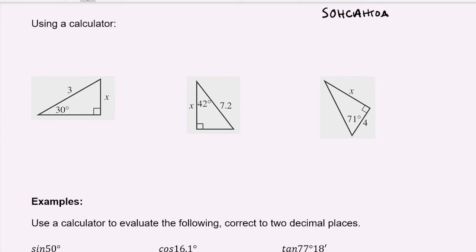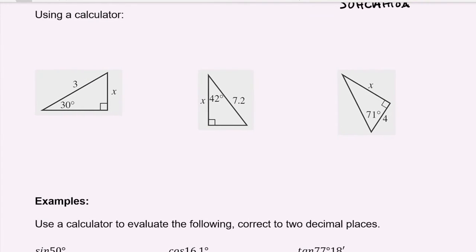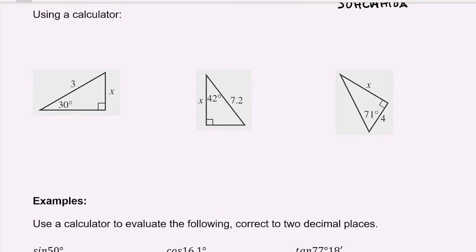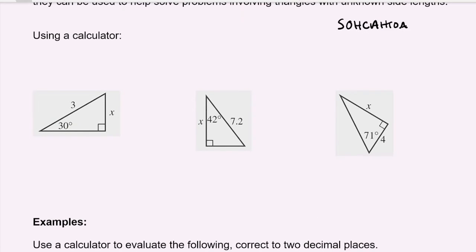First of all, I want to label all my sides. So if I go through and label all my sides, I have H, O, and A, H, O, and A, H, O, and A. Those angles that are listed there, they are in fact our angles of reference.